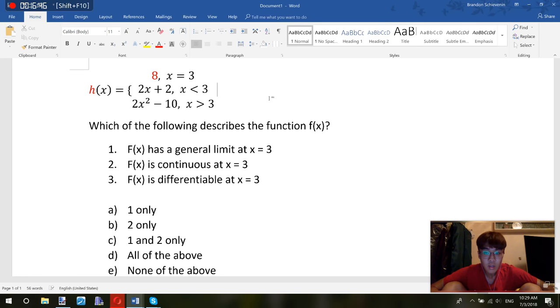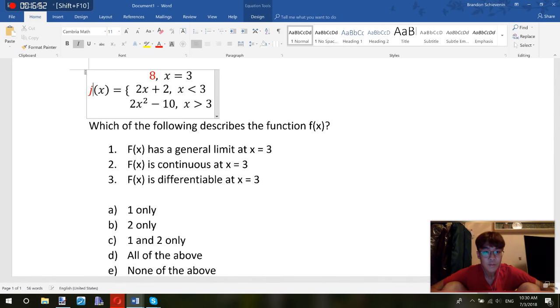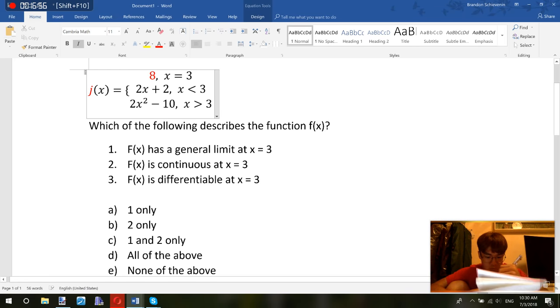So I'm going to make our function, let's see, we did f and h. I'll make this j of x. And this time I'm going to change our function one more time. And we'll say this is... what should this be?